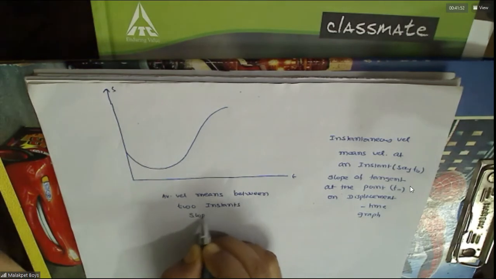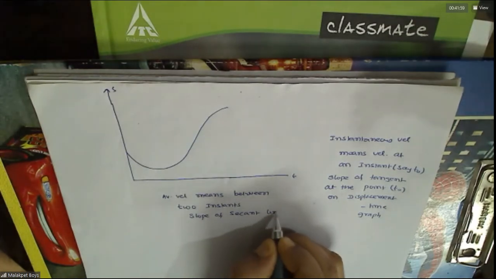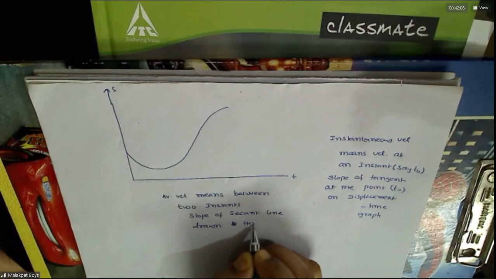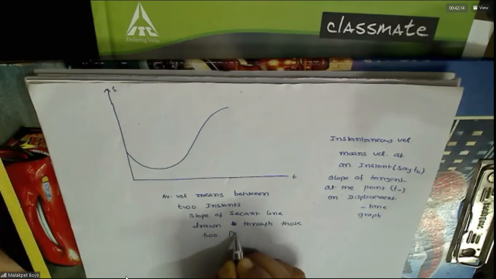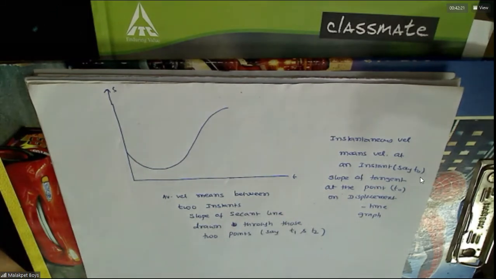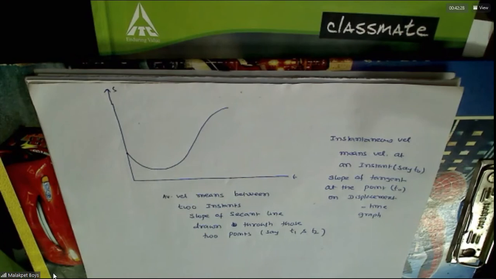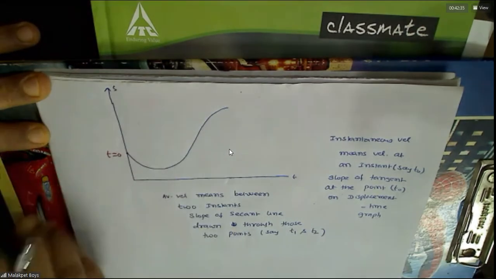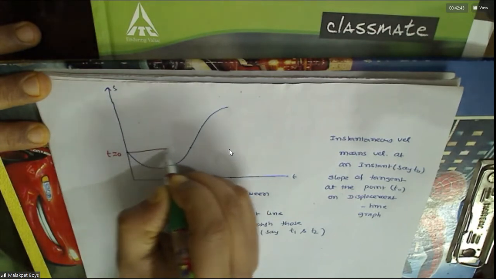That means it is nothing but the slope of the secant. Now, he wants the average velocity to be equal to the instantaneous velocity. If one point is here and another point here, I can draw a secant.